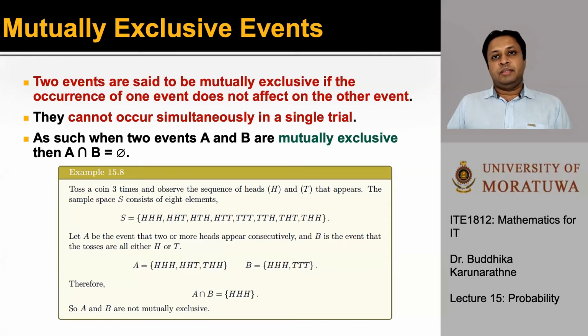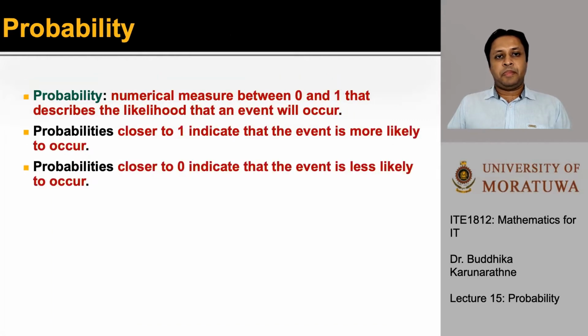And B includes 3 heads or 3 tails. When you take the intersection between A and B, you find that head, head, head is included in the intersection. So it is not the empty set. We have to conclude that A and B are not mutually exclusive because their intersection has some elements.